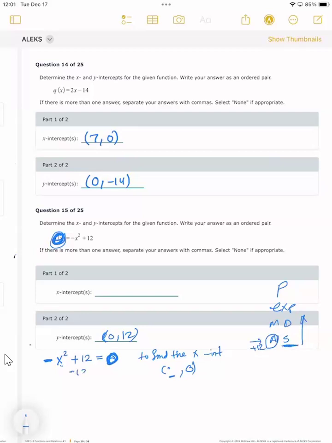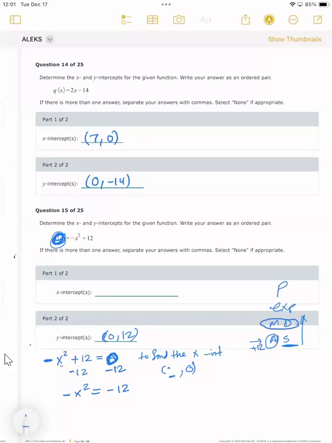So I subtract 12 on this side and on the other side. You have to subtract the 12 from both sides because you have an equation. Whatever you do to one side, you must do to the other side. 0 minus 12 is minus 12.